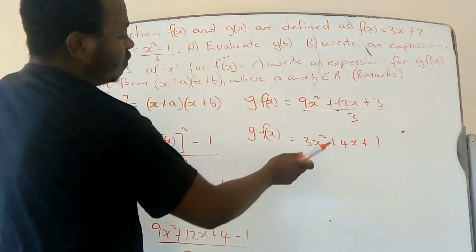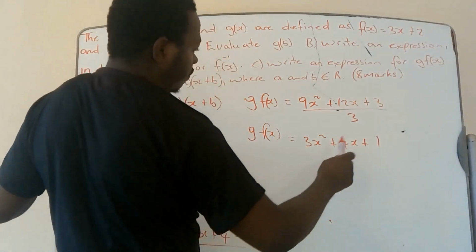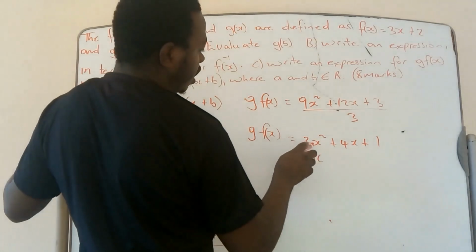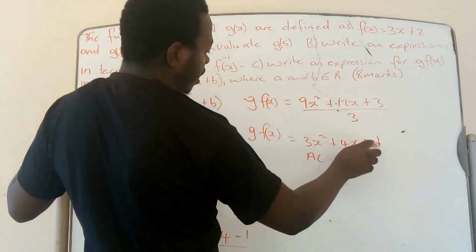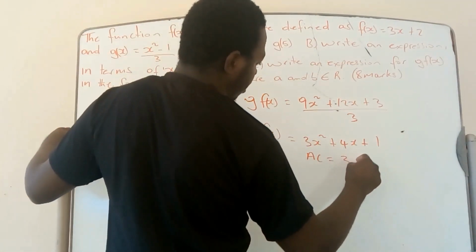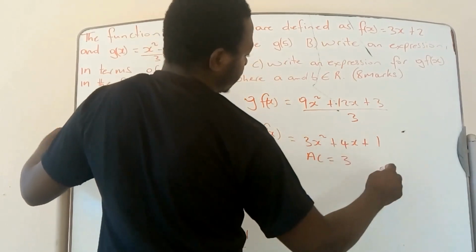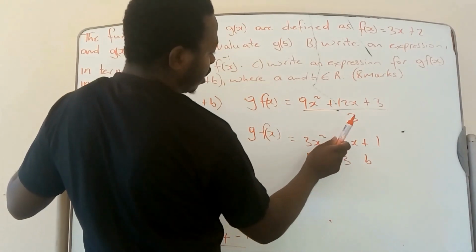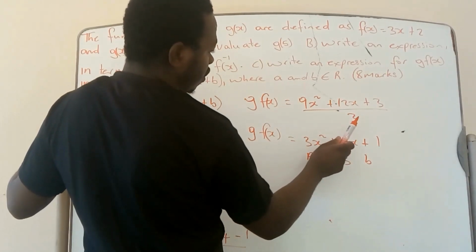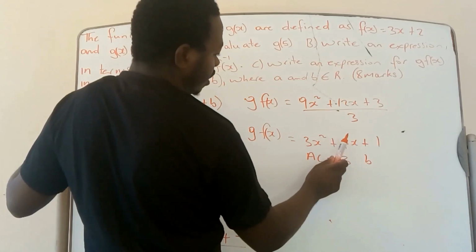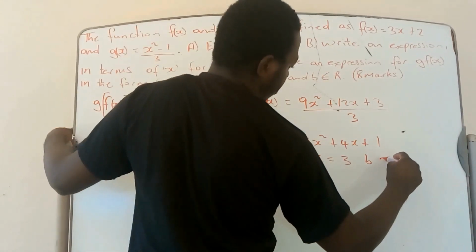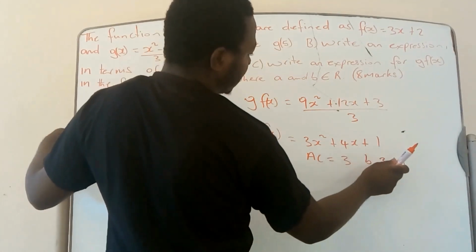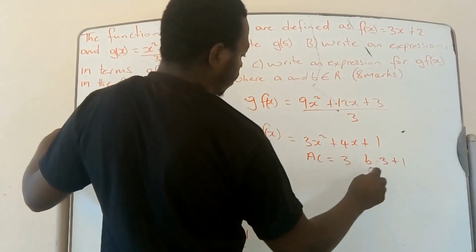Now, we can factorize this, and if we factorize this, you know that AC, which is the coefficient of the x squared term, times the constant, is going to equal 3. To get our b term, we know we need 2 factors of 3 that, when we add them, we get positive 4, and when we multiply them, we get 3, and that is 3 plus 1, right? 3 plus 1 is 4, and 3 times 1 gives us 3.